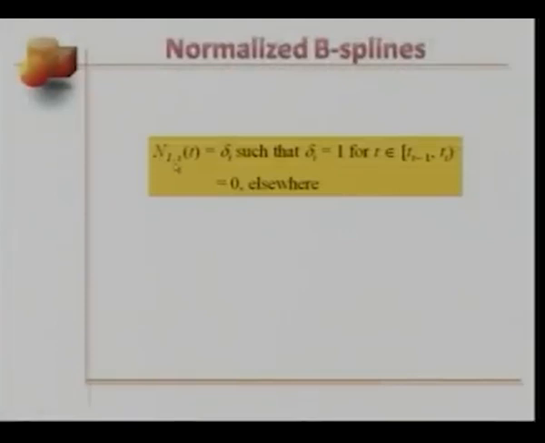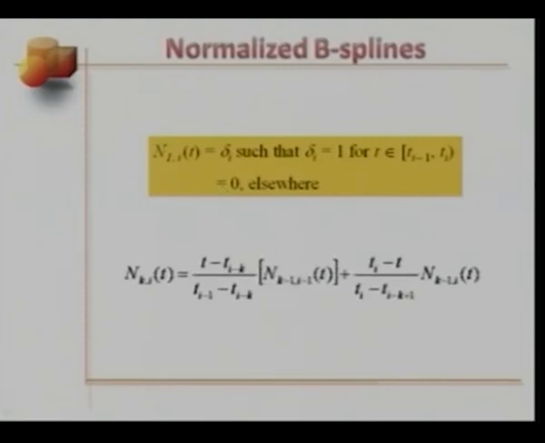The first order normalized spline N1i of t is equal to delta i, such that delta i is equal to 1 for values of t belonging to closed t i minus 1, open t i, and N1i of t is 0 elsewhere, for all other values of t.